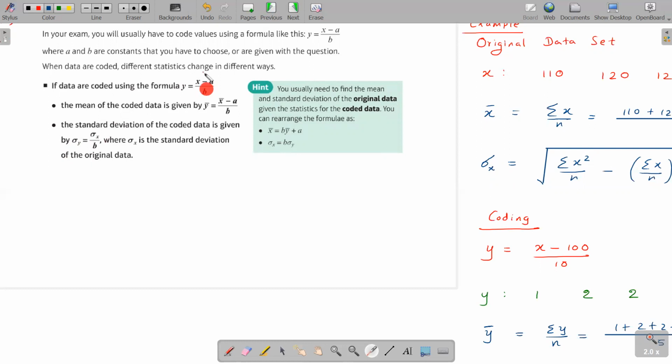The a is not there. The minus a. Can you see? So what I want to emphasize here is that the standard deviation is not affected by adding or subtracting. When you're adding or subtracting, the standard deviation is not affected by it. So we will check whether that is true or not now.